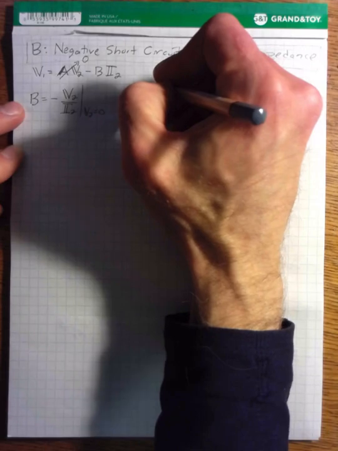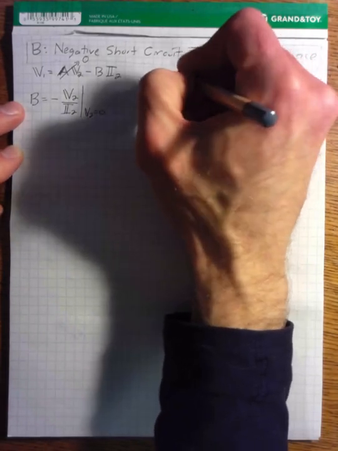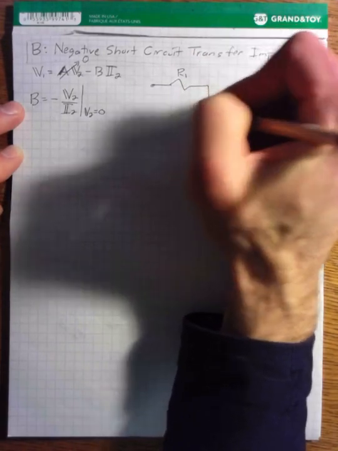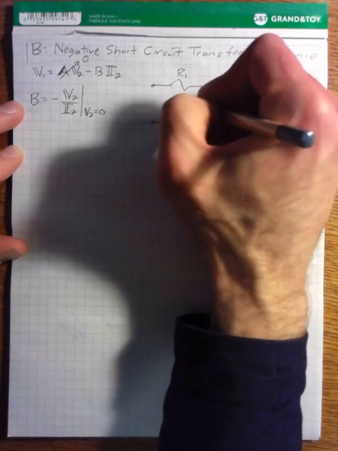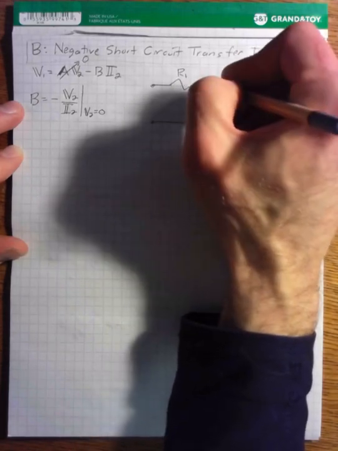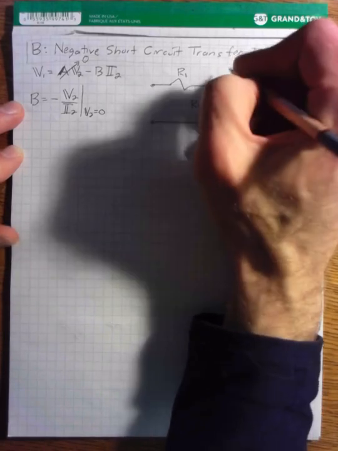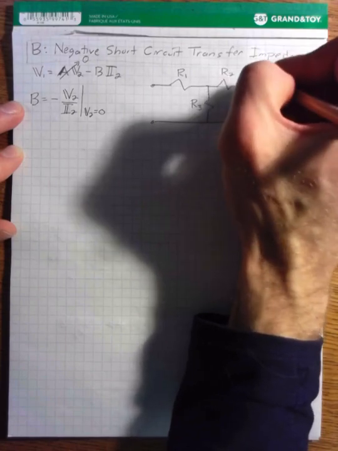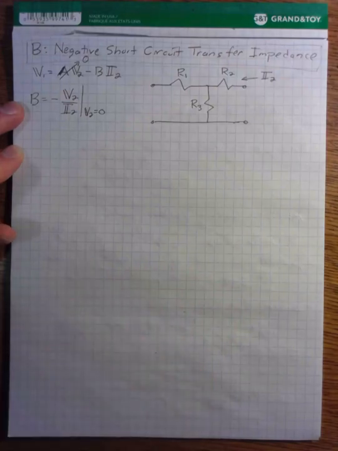And so to draw our network, R1, R3, and R2. I2 is defined as going in to the port.